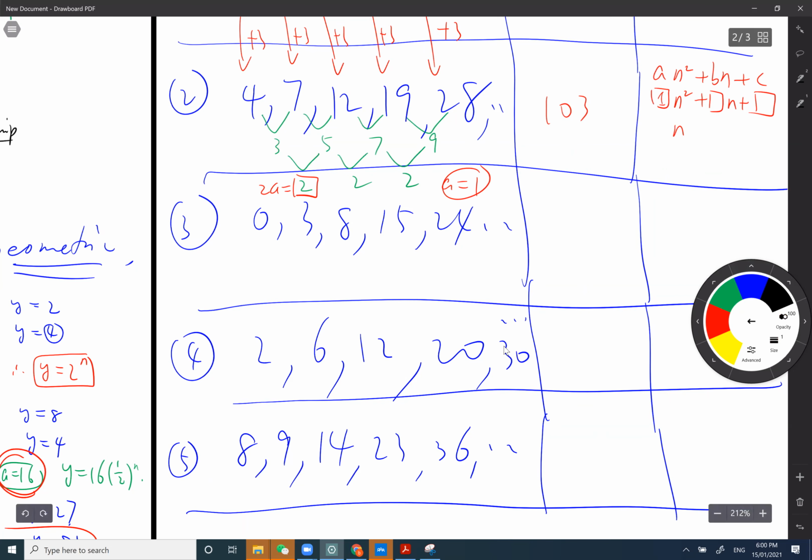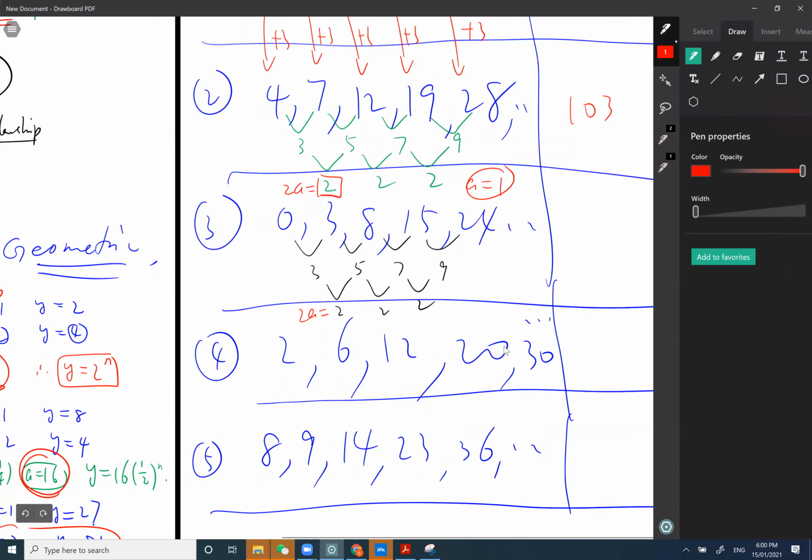Elisa, what's the difference here? 3, 5, 7, 9. Again, you got 2 here, 2 here, 2 here. So this is the same as 2a. So for this question, again, a equals 1. That's how we work out a.